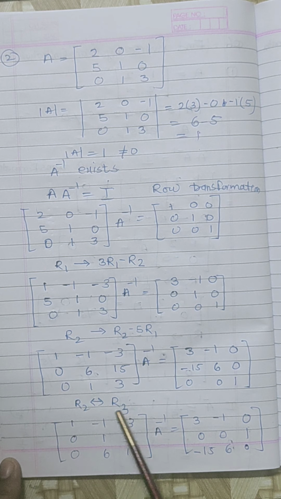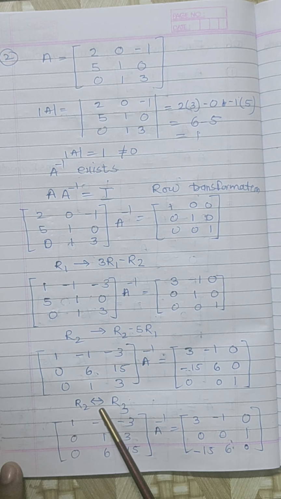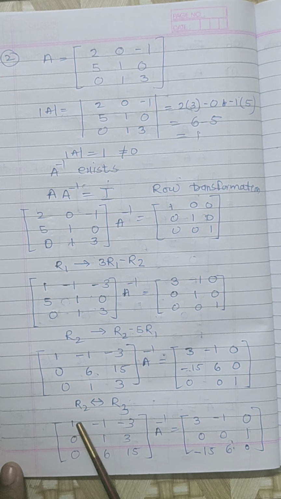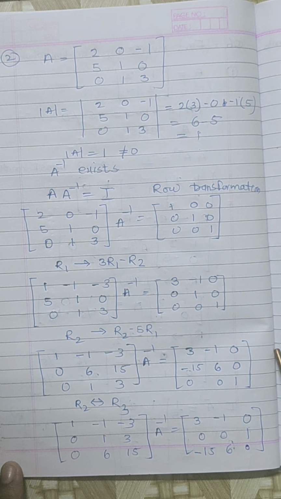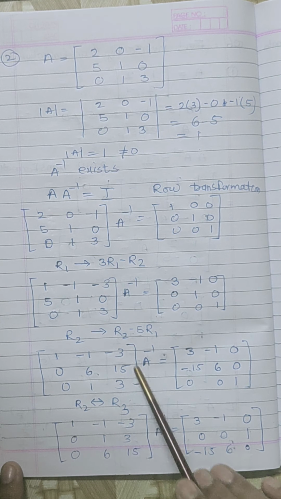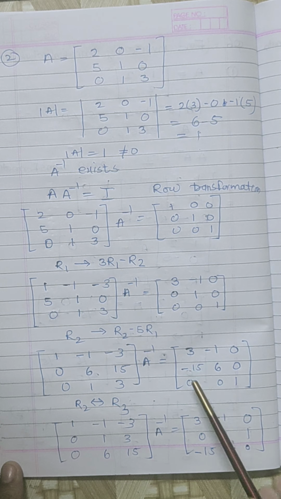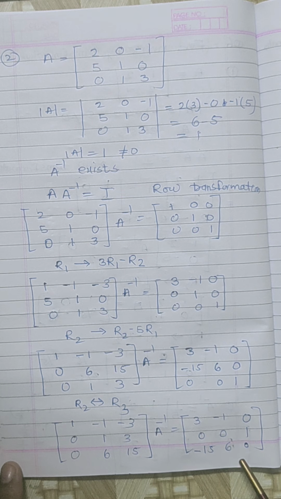So R2 and R3 are interchanged. The sign will be a double arrow. Then first row, and here also first row, as it is, and interchange. So 0 1 3 will come here and 0 6 15 will come here. Here also 0 0 1 will come here and minus 15 6 and 0 will come here.